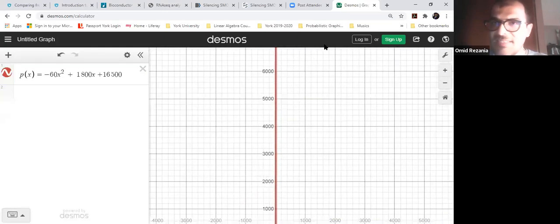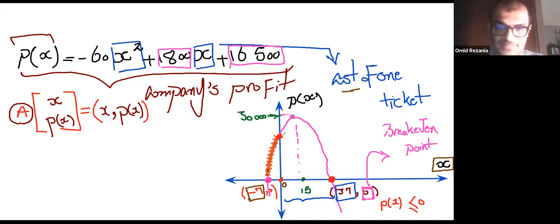Nonetheless, it's not going to be easy to find it on the Desmos because the values are drastically too high. We can find this point ourselves. What is this point, guys? This point where we have an intercept with the P axis. What is that point? Anybody can say, you get a prize if you say that point.